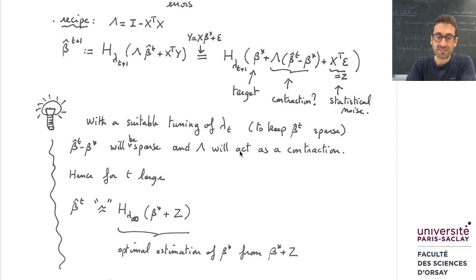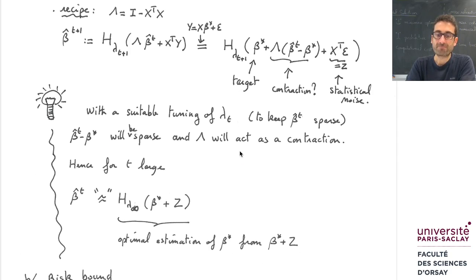So the idea is really that if we choose the right tuning of lambda, then this quantity here will be sparse enough so that lambda will act as a contraction. So really a contraction of the error. And okay, it will not go to 0, but let's say that it goes to 0.